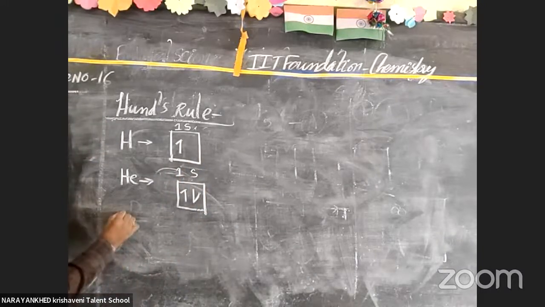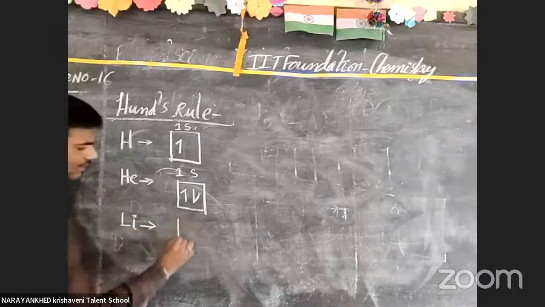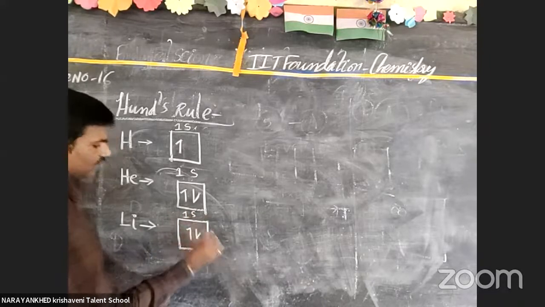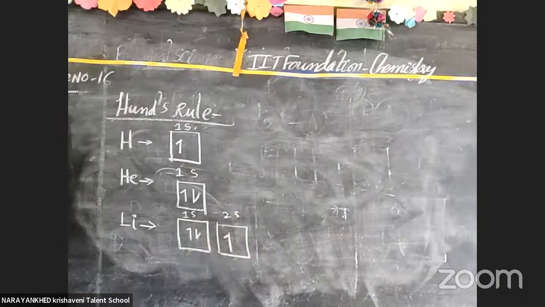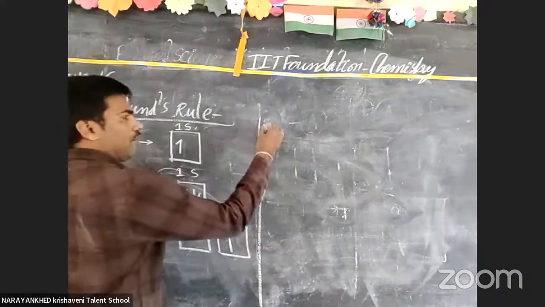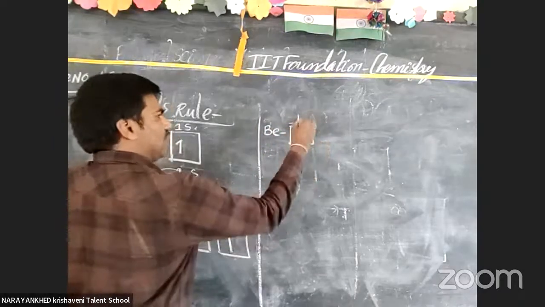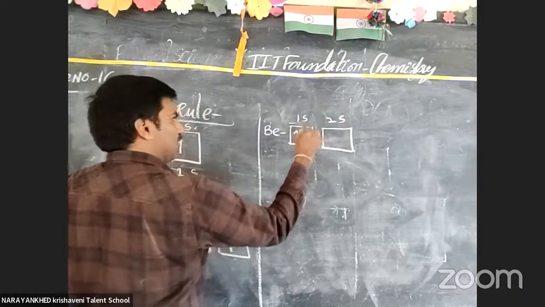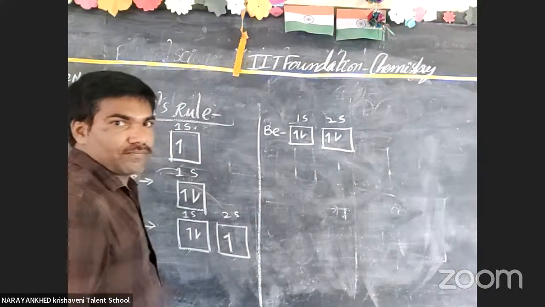When you come to lithium, it contains 3 electrons: 2 electrons in the 1s orbital, and one more electron in the 2s orbital. Got it? And when you come to beryllium, the 4th element, there are 2 electrons in 1s and 2 in 2s. In total how many? 4 electrons are there, arranged like this.